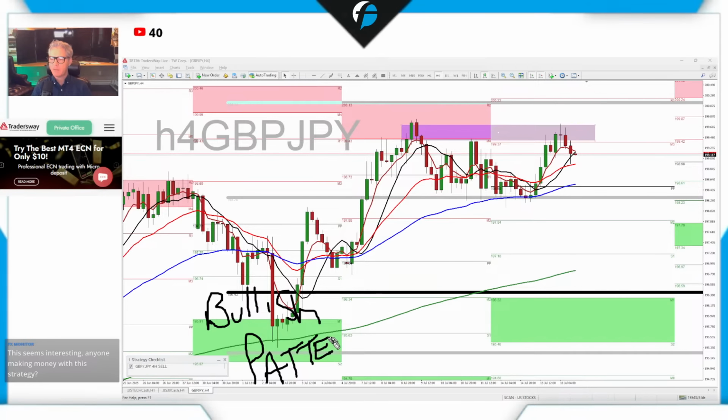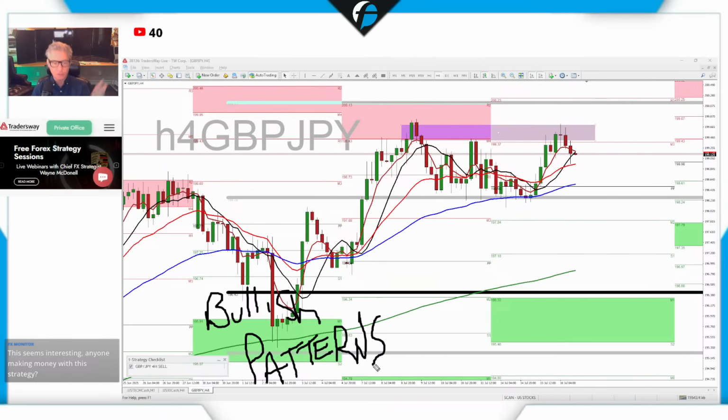What do I mean by a pattern? Well, there's only two things. There's a trending pattern and a reversal pattern. So the trend is either up, down, or sideways.